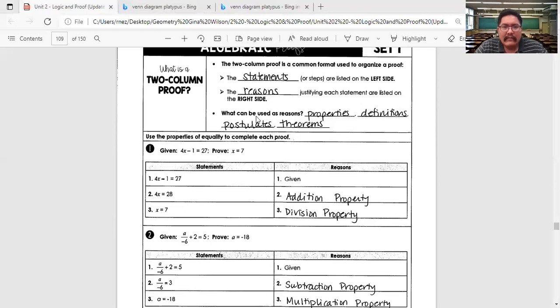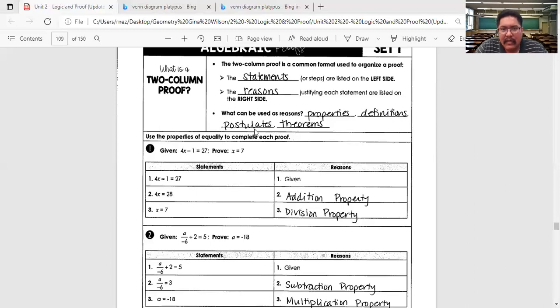Now, what can be used as reasons? The properties, again, that's the page I just told you to copy. There are definitions. So you might say something like the definition of a complementary angle, or definition of acute angle.